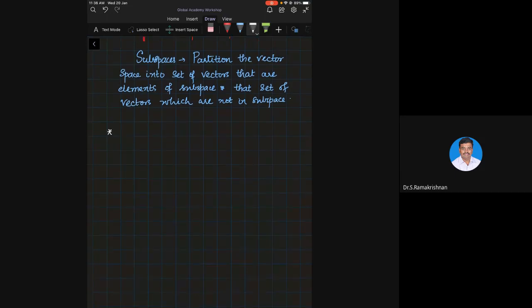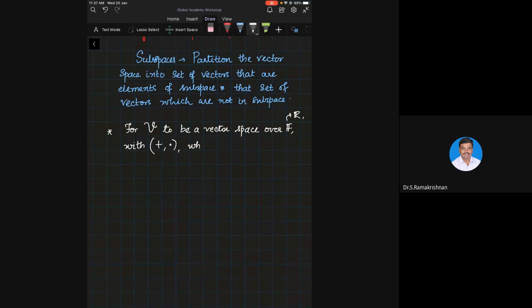In the definition of vector space, we said that for V to be a vector space over a field F with the operators plus and times, let's consider this field to be the reals.